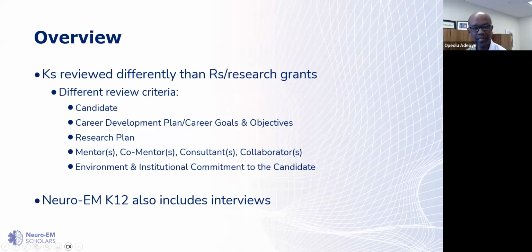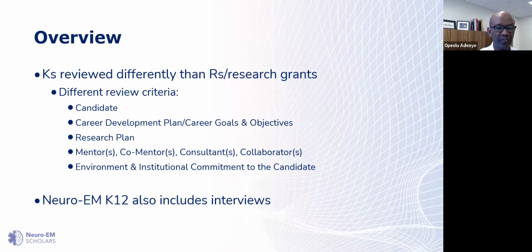The one thing to keep in mind, especially if your mentor hasn't served on these study sections, is that Ks are reviewed differently than R or independent grants. The purpose of the K is mainly to invest in you to facilitate your development into an independent investigator who then may pursue R grants down the line.